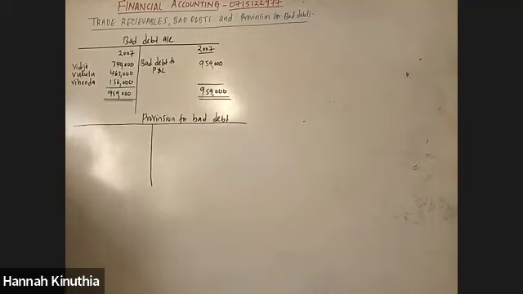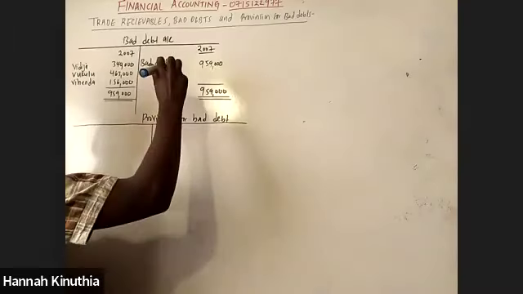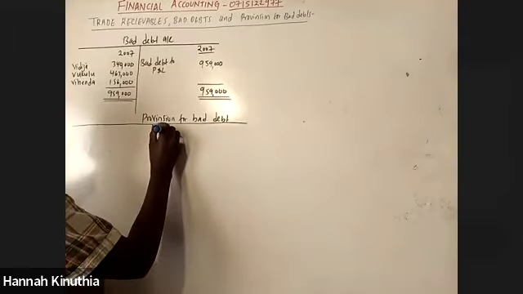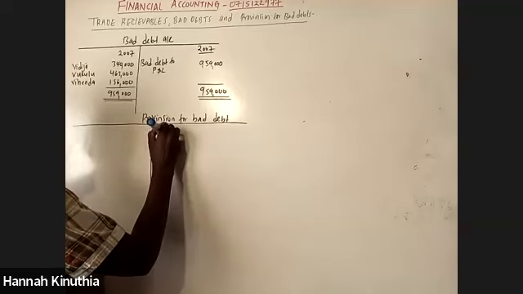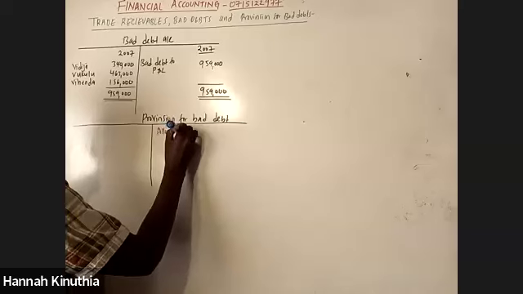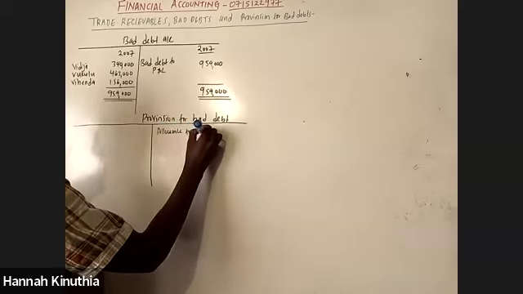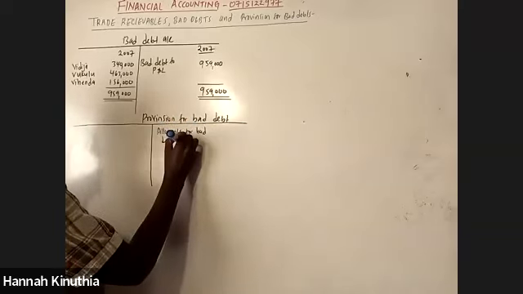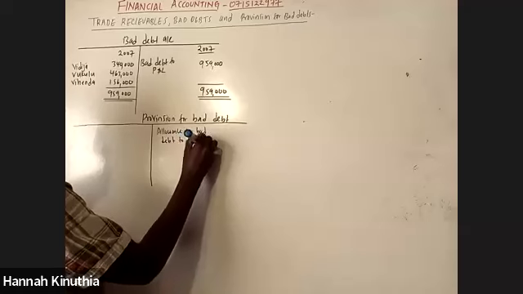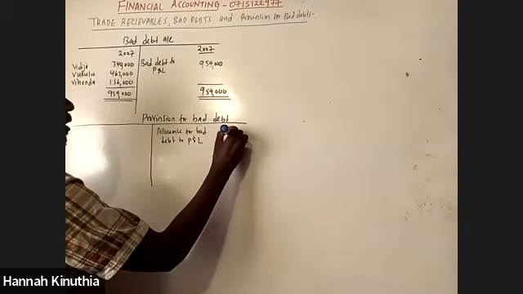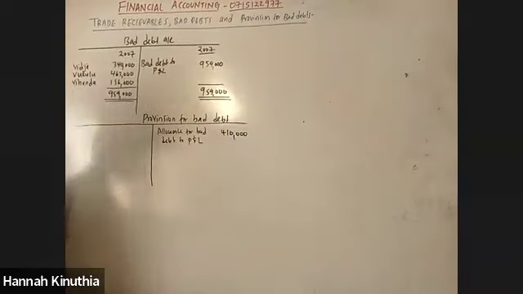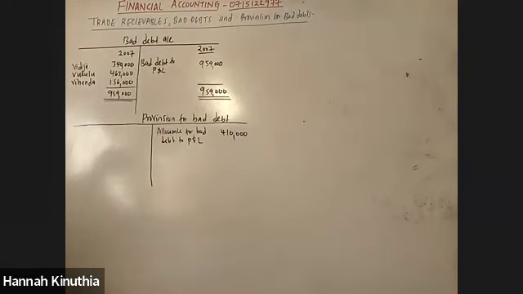So we have an allowance for bad debt. So we shall consider the allowance. So the allowance for bad debt to P&L, how much? 110. Is that all correct? Or calculate the P&L. Is that okay? Yes.